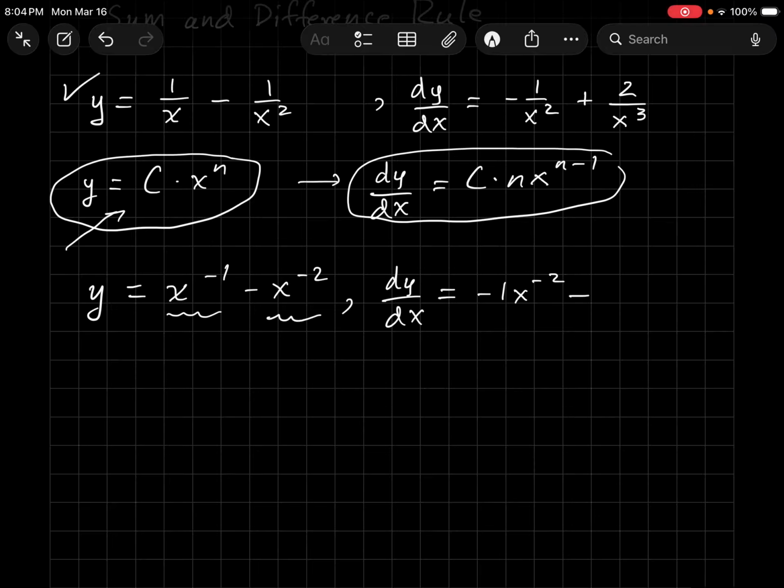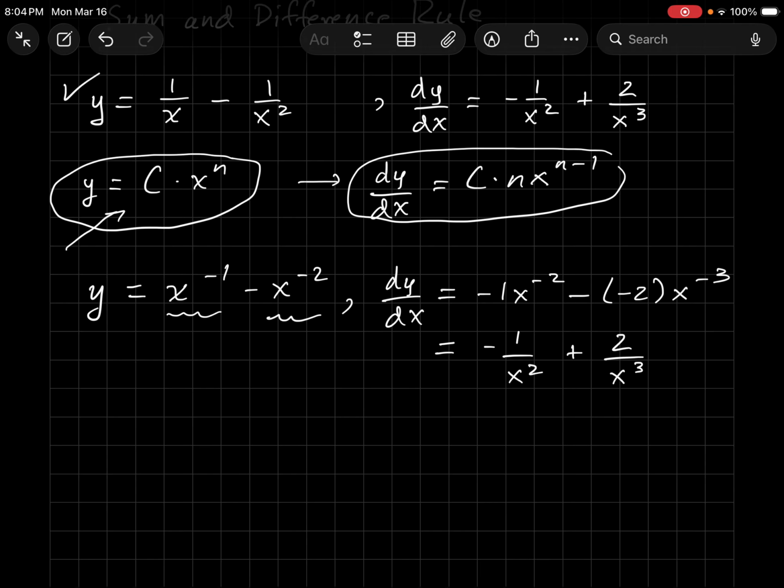And the back part, I will bring the power down, subtract 1 to get to the new power. And if I were to clear this up a bit, I would end up with negative 1 over x squared plus 2 over x cubed.